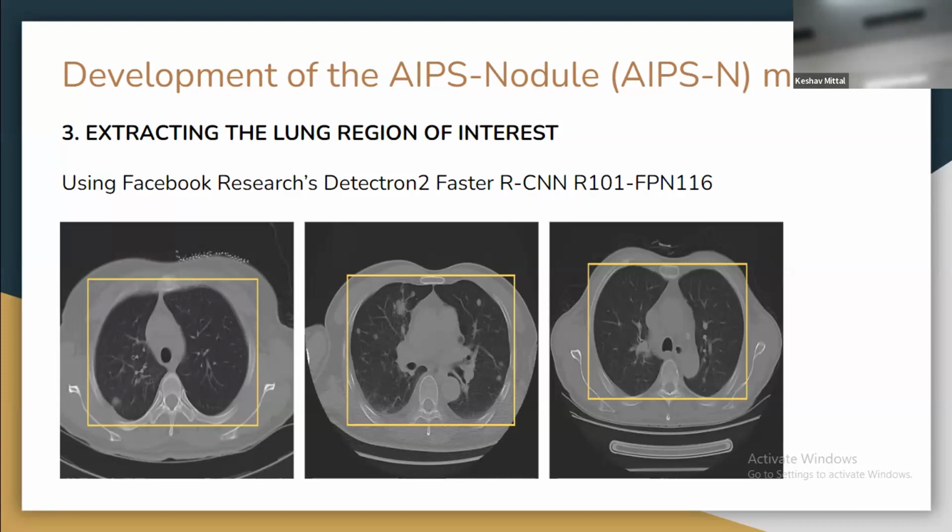How does it do that? It is reading the face.